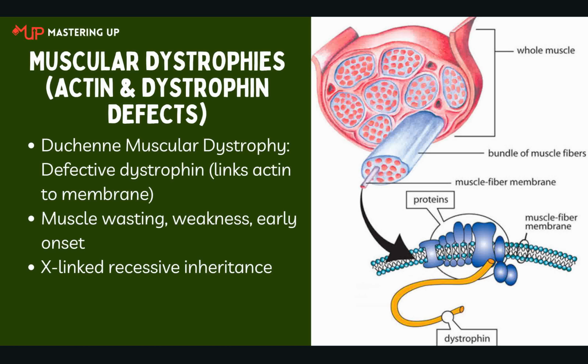Without functional dystrophin, muscle cells become fragile and are easily damaged during contraction. So this leads to progressive muscle weakening, loss of mobility, and early death. This condition is inherited in an X-linked recessive pattern, making it more common in males.